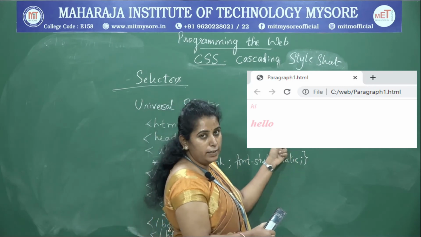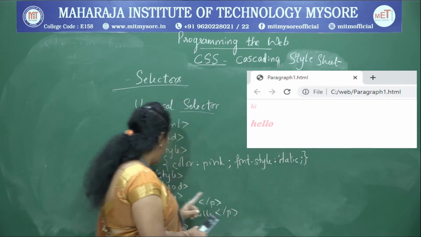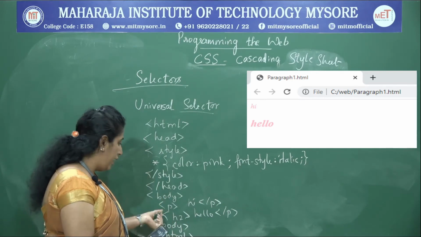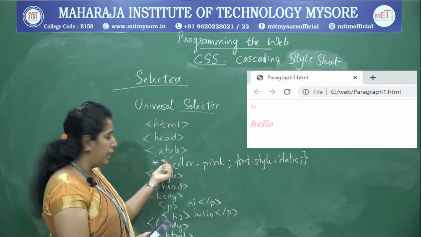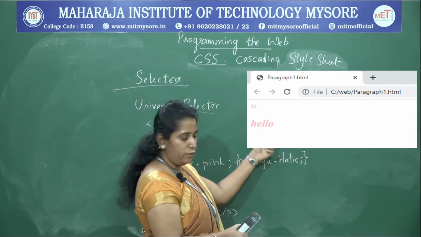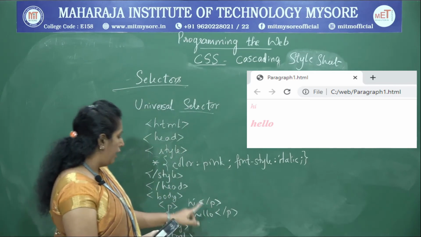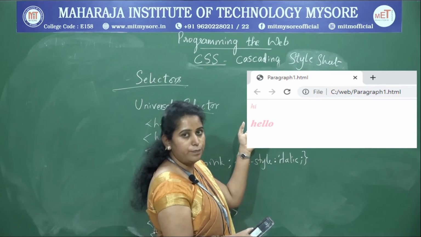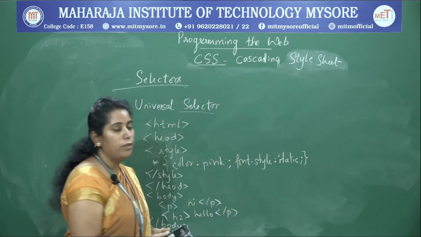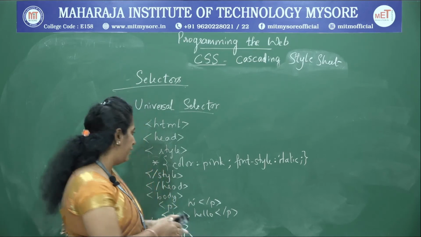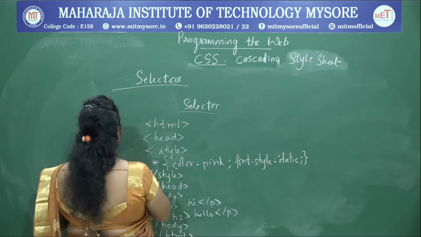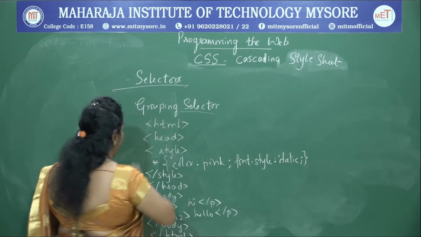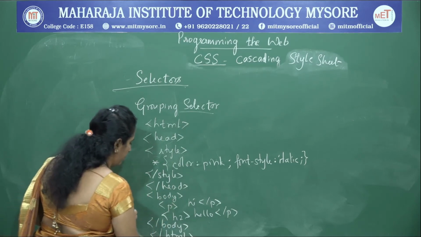Finally you can notice this is the output. Individually I have not set any property or style rule for a tag, but still because of using this universal selector, you can notice the output in this way, where hi and hello are both printed in pink with font style italic. Okay. So next we will move on to a topic called grouping selector. Grouping selector means, I will take an example so that you can understand.